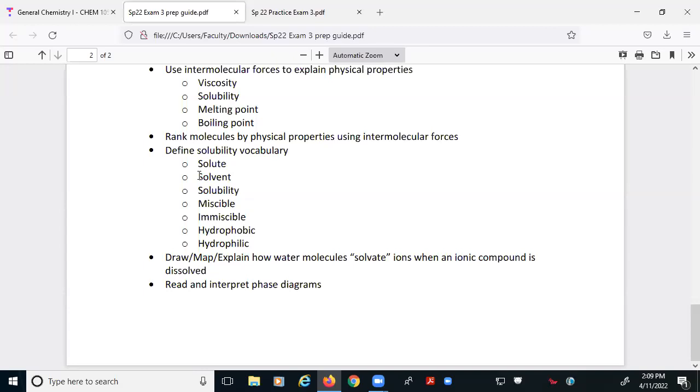What a solute is, what a solvent is, how the solute and solvent interact with each other. We've kind of dipped into that more as we've been talking about Chapter 11 here. But this is, again, more of a theoretical discussion. And then reading and interpreting phase diagrams.